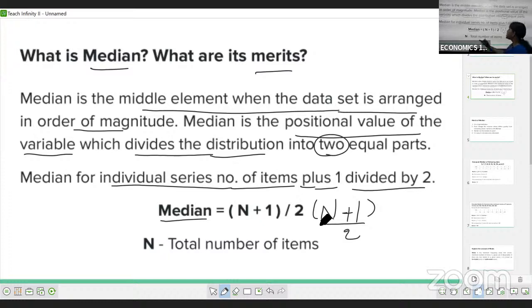The n stands for the total number of items. So how many items or variables are given, that total number is n. The median formula is n plus 1 divided by 2. So you need to learn this as an introduction, or what is median.